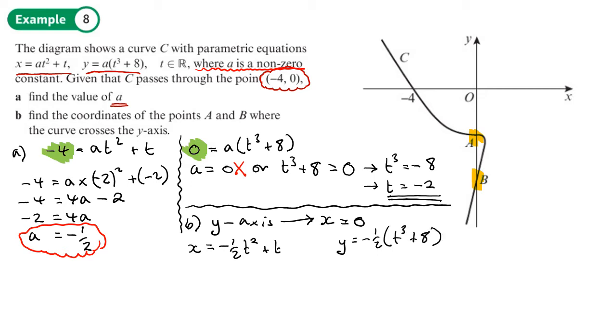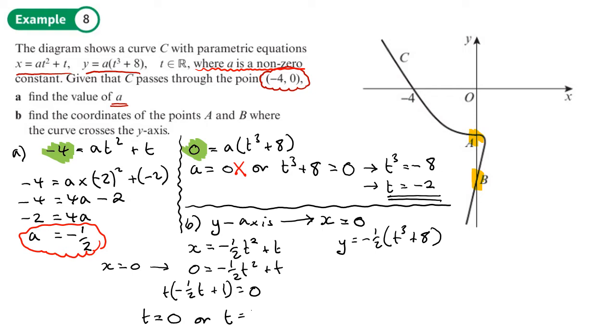So we're making x equal to 0. That means that we've got 0 equals -1/2 t squared plus t. That we can factorize. So we'll have t times (-1/2 t plus 1), which then means that t is either equal to 0 or t is equal to 2.